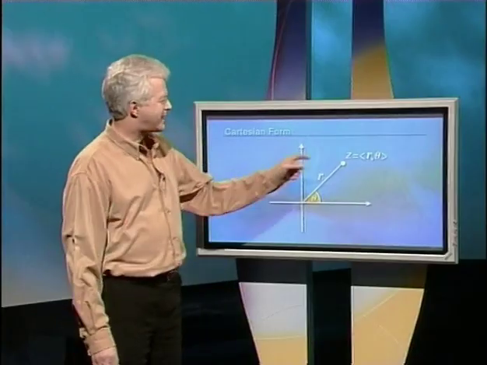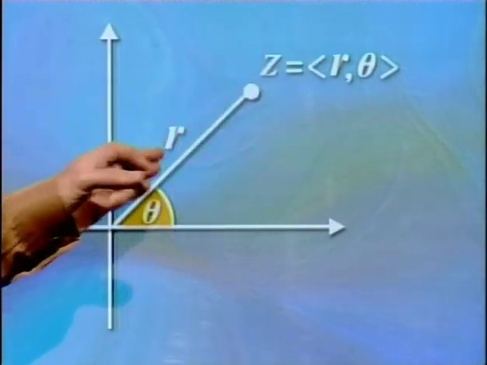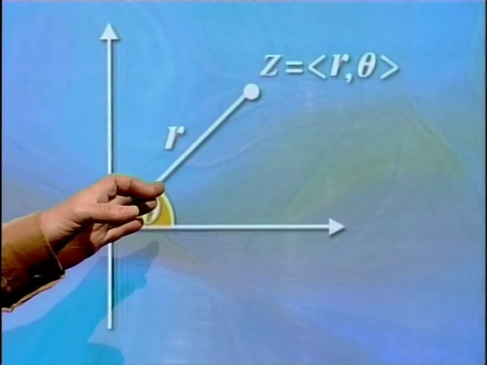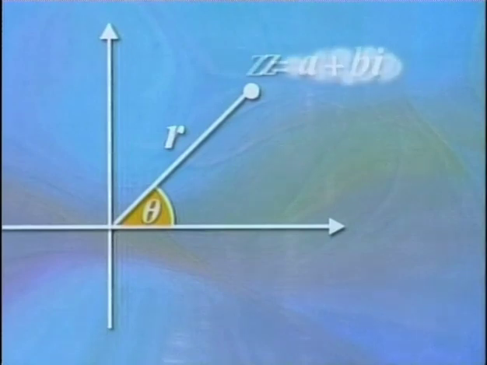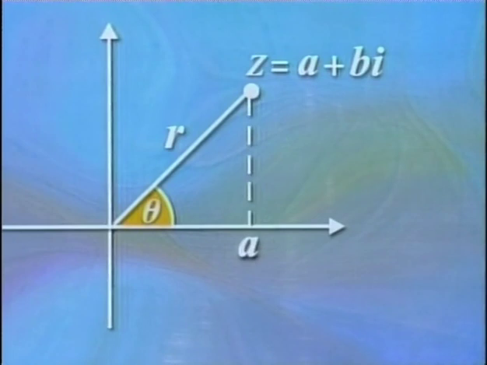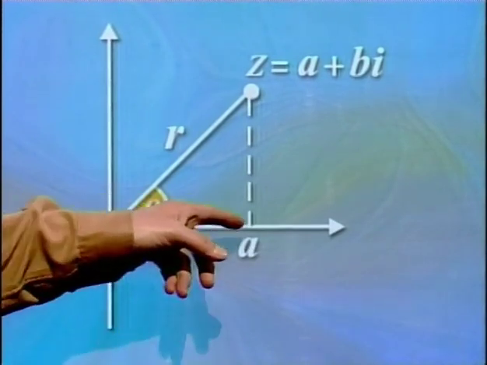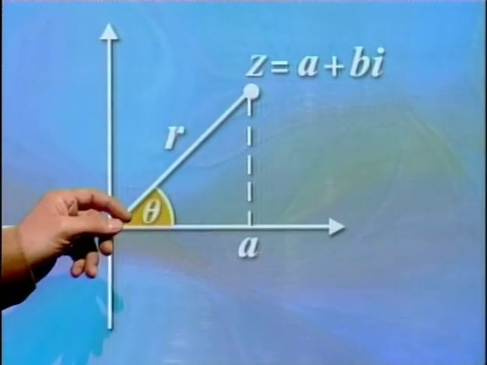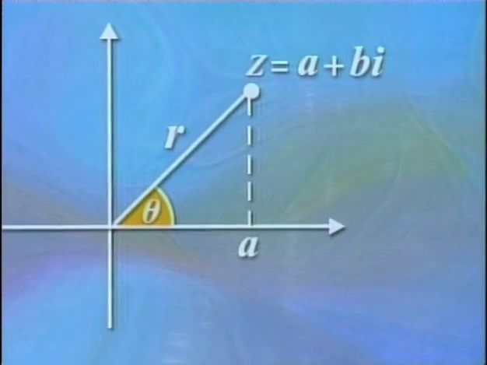So here is our complex number z, written in polar form, r theta, where r is the modulus and theta is the argument. Now, in Cartesian form, it would be written as a plus bi. And we now want to find a and b in terms of r and theta. Well, a is the real part here, and by elementary trigonometry, the cosine of theta is a over r, so that a is r cos theta.